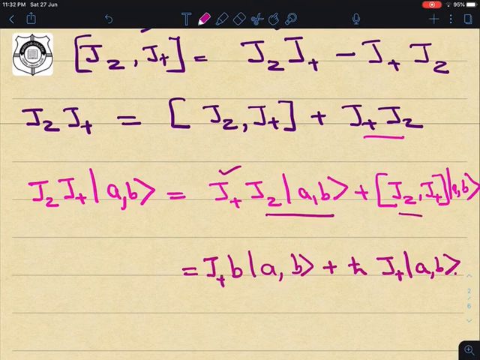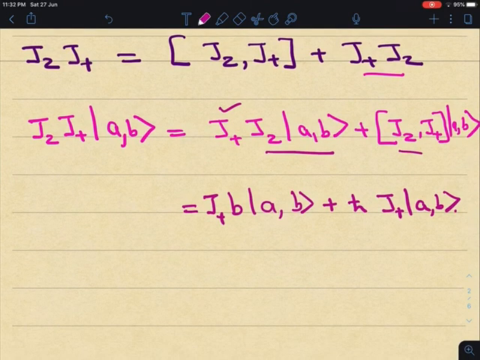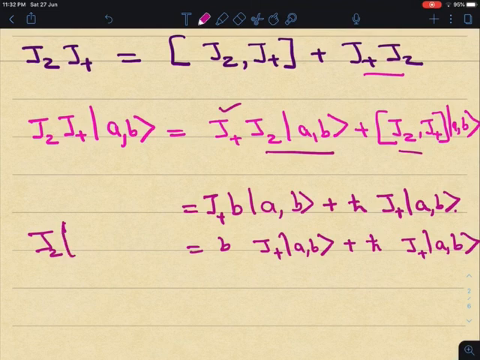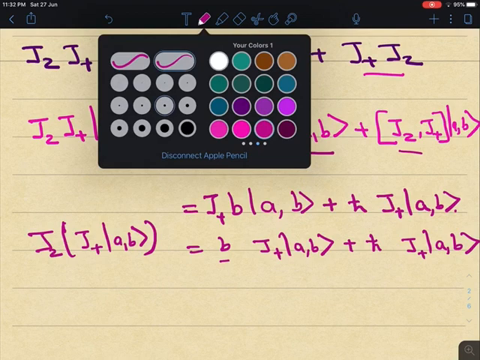Here I missed this J plus. You can see that b is an eigenvalue, which is constant, so you can take it outside. So you can write this as b J plus ket ab plus h cross, that's also constant, J plus ket ab. Here we have Jz acting on J plus ket ab is equal to b J plus ket ab plus h cross J plus ket ab.